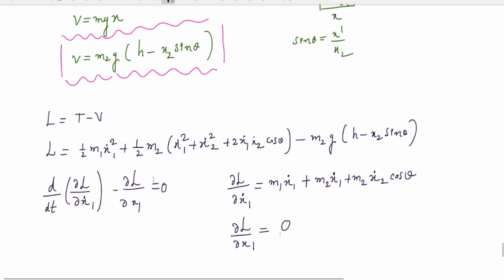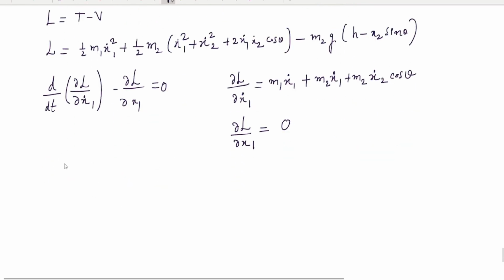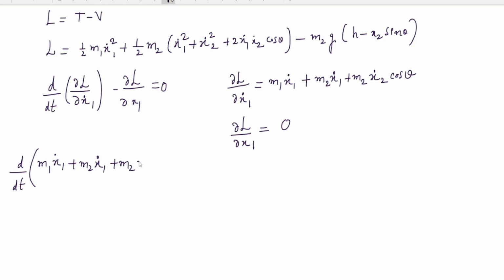Therefore, one equation of motion: d by dt of m1 x dot 1, we need to write m2 x dot 1, okay, plus m2 x dot 2 cos theta. This term is 0, then this one is 0.